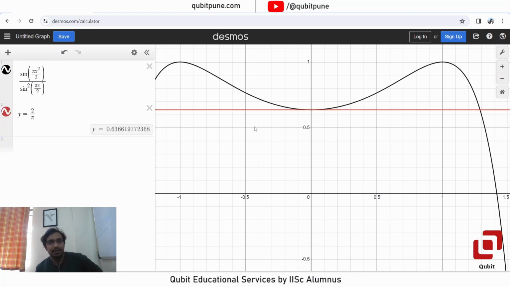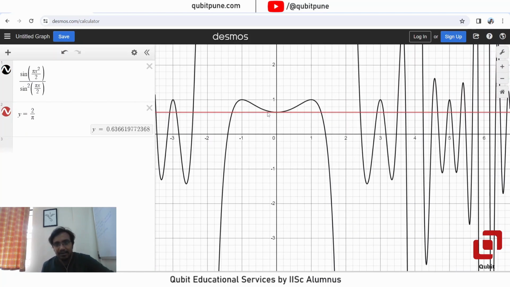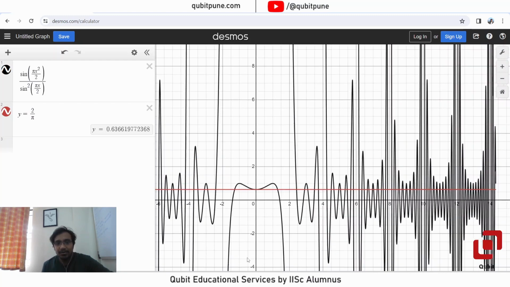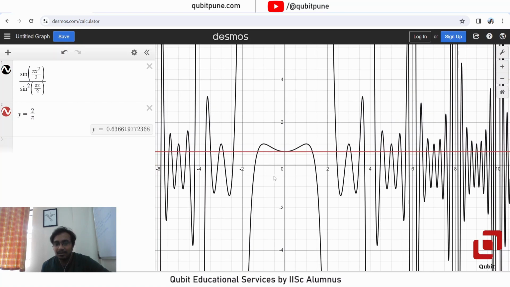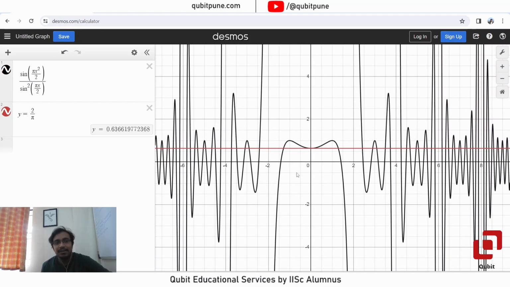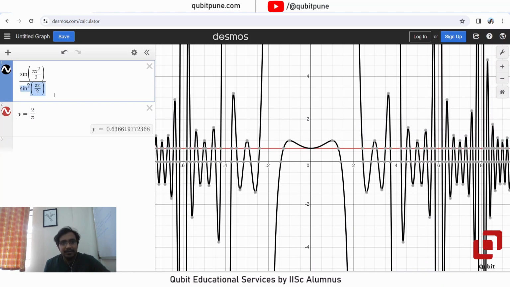By looking at this graph, can you tell me whether our function is odd or even? It is an even function. For sine squared, you are convinced that it will be an even function, because odd into odd is even. But take a look at the function in the numerator, sine of pi x squared by 2.